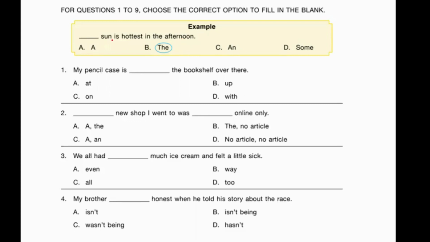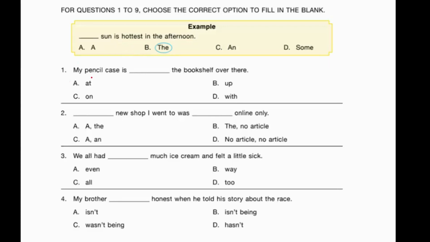The sun is a unique thing, and the article we use for things that are unique of their kind is the definite article, the. So we fill this blank with the: the sun is hottest in the afternoon. This is how we have to fill the blanks.